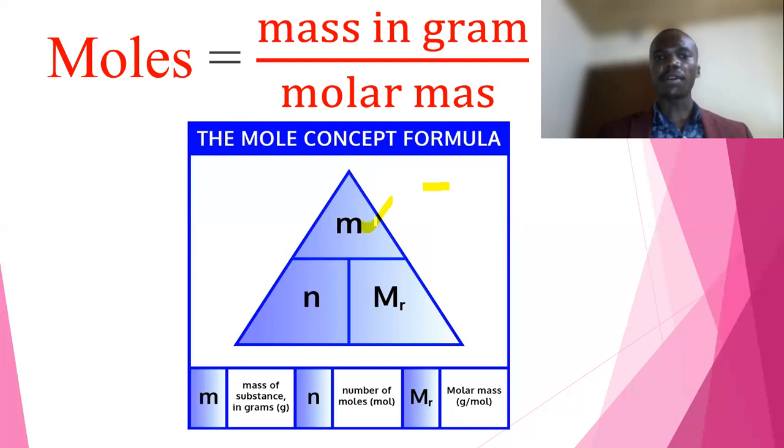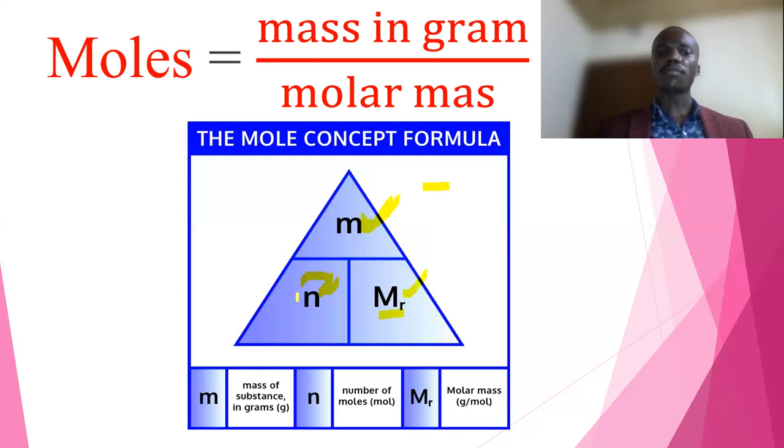M stands for mass, the mass of a substance in grams. Also, we have n, which stands for the number of moles. Then we have Mr, which stands for the molar mass. Mass is gotten by the number of moles times the molar mass.